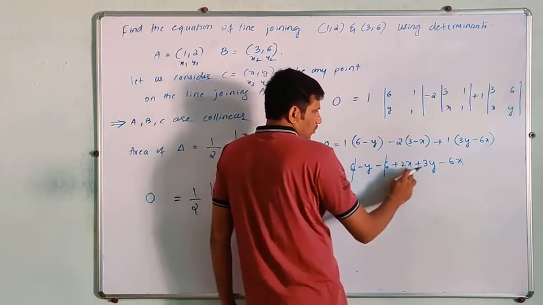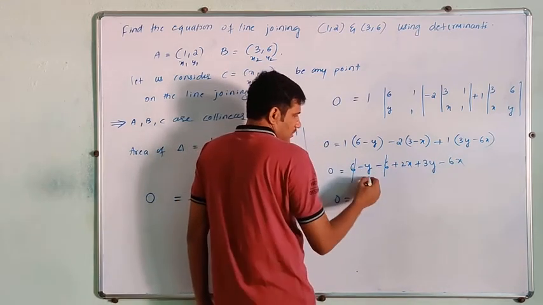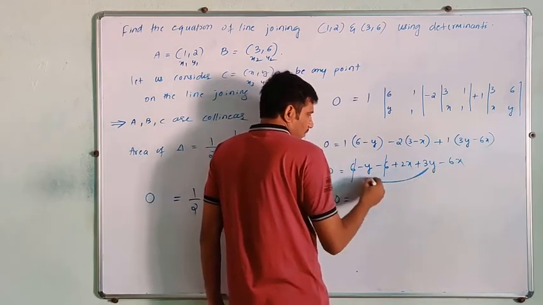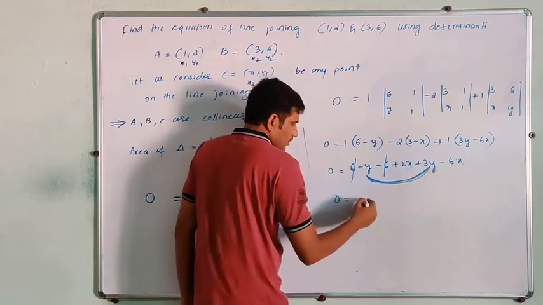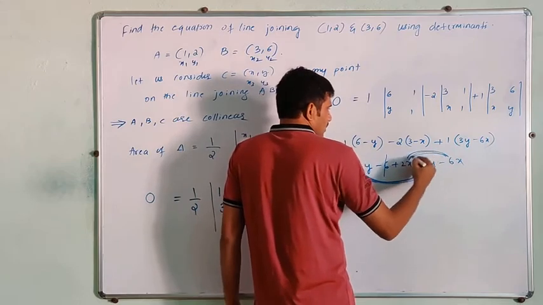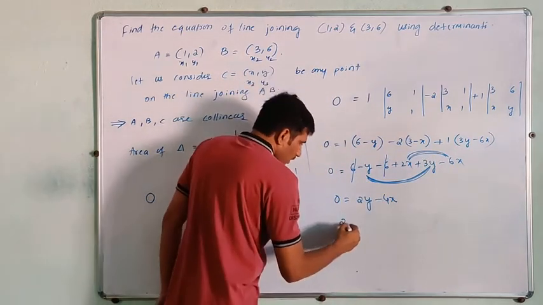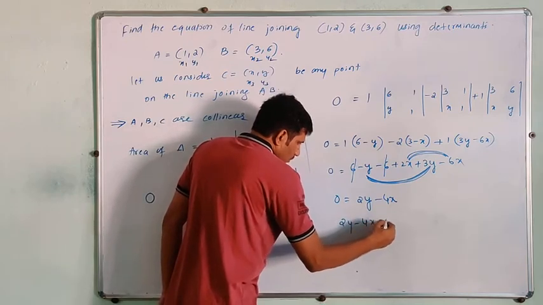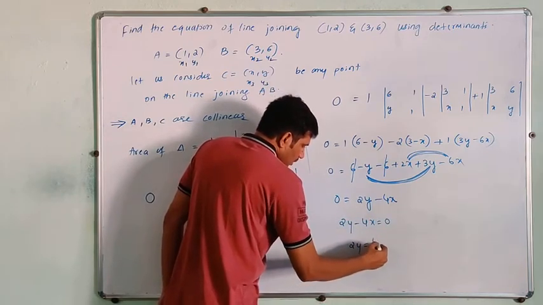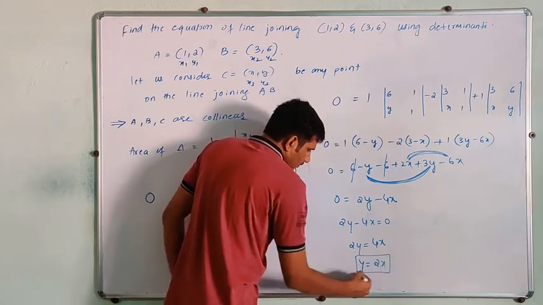Minus y plus 3y is plus 2y. 2x minus 6x is minus 4x. So 2y minus 4x is equal to 0, or 2y is equal to 4x. So then y is equal to 2x.